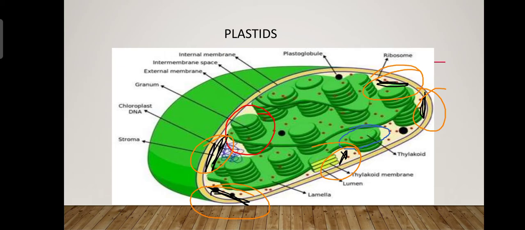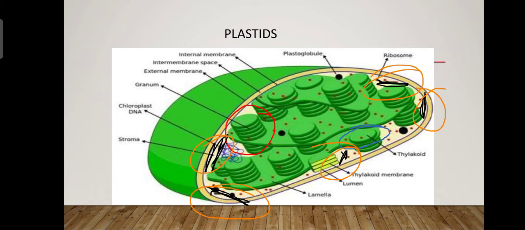Now there is a question which I have to discuss. The question is, how does the color of tomato change from green to red? You know that plastids are of three types: leucoplast, chloroplast, chromoplast. Leuco means colorless or white, chloro means green, chroma means color.